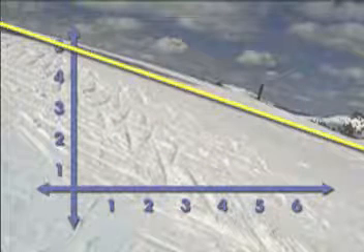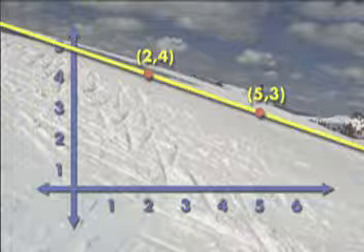So let's do the same problem one more time. But this time, pay close attention to the order that things are subtracted. Again, here's the line. On this line, we found the points (2, 4) and (5, 3).